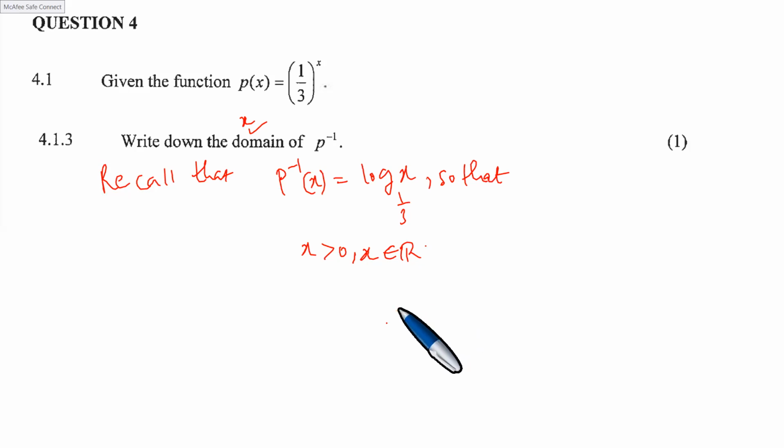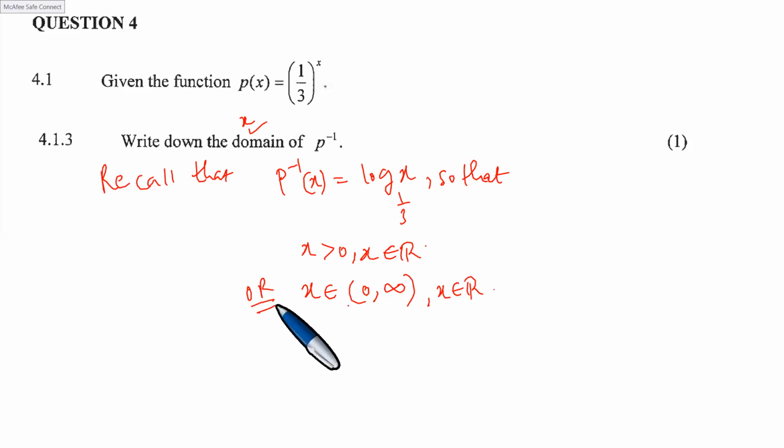So if you don't want to write it like this, it may be written as x is an element of the interval from 0 to infinity. Like this. X is an element of the set of real numbers, etc. That kind of thing. So these both answers are that. So you can write as the top, or you can write as the bottom answer. Okay, so we have that.